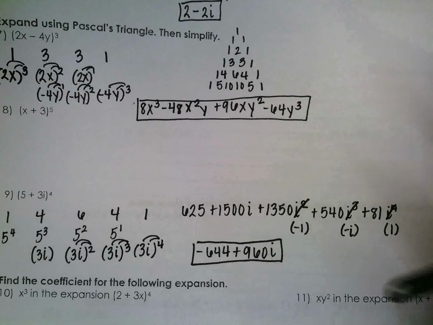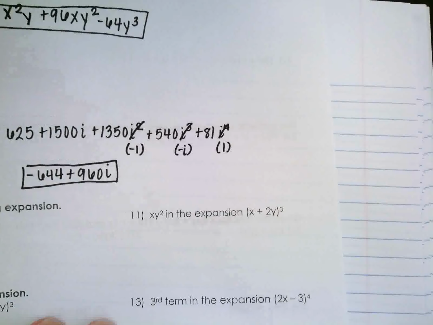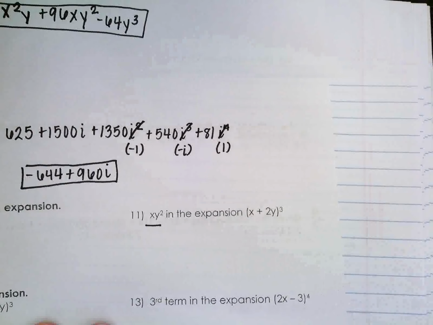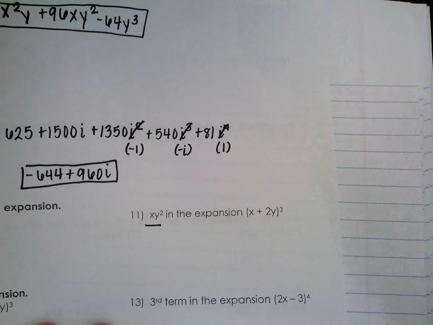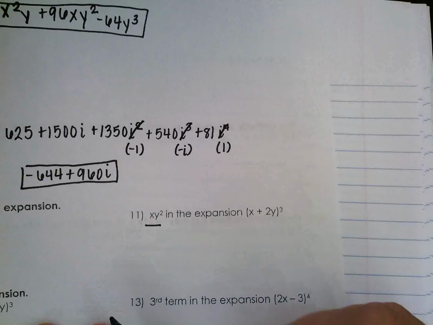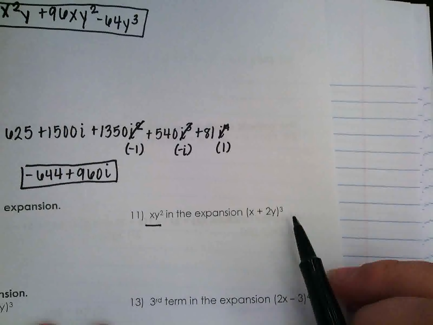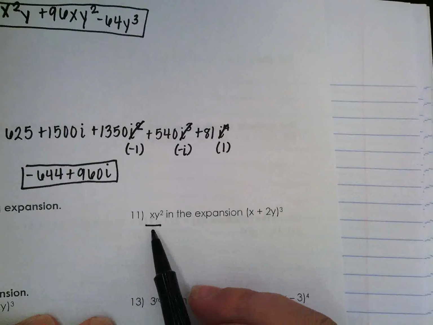All right, on number 11, it's asking me to find the coefficient for the term that is xy squared. And keep in mind, the coefficient is just the number in front. So I don't actually need to do the entire binomial expansion. Really what I need to do here is just do Pascal's triangle for that particular term.